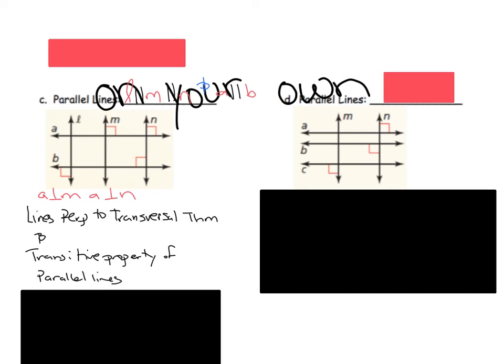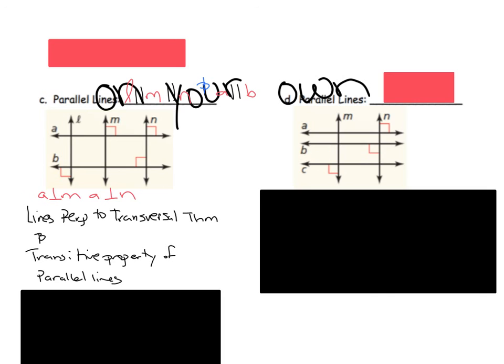Okay, so D. I see that line A is perpendicular to N, and line B is perpendicular to N as well, and line C is perpendicular to M. So that's all I really have.